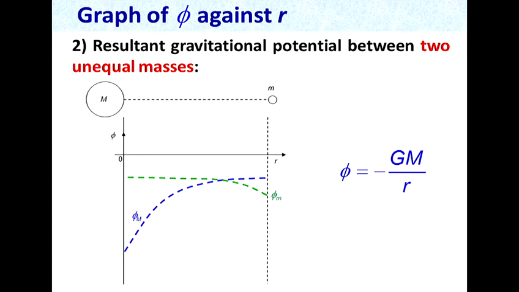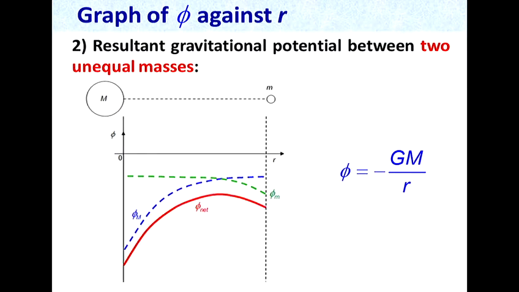Okay, so let's look at the left-hand side. At the surface of big M, it's a negative value plus a smaller negative value, so you get an even more negative value. On the other side, same thing, a negative plus a negative, you get even more negative. So the resultant graph looks like this. There is a maximum point where the two dotted graphs intersect.